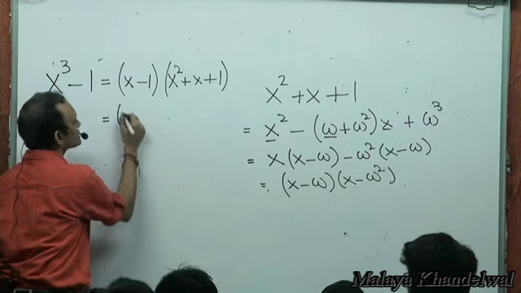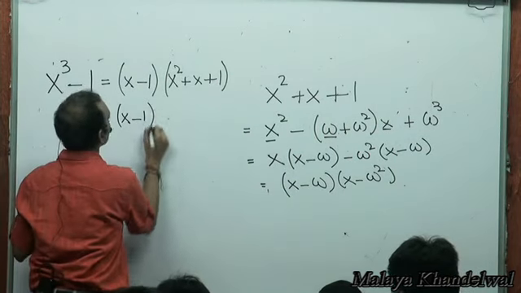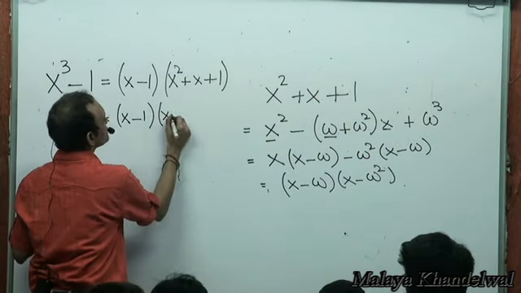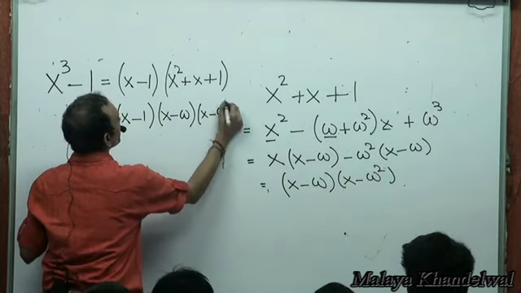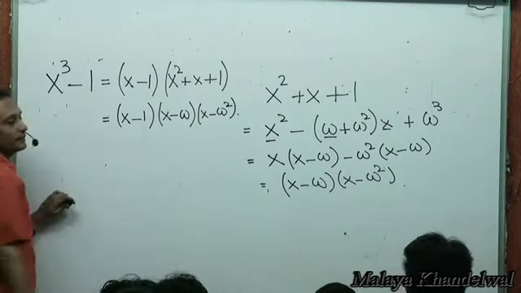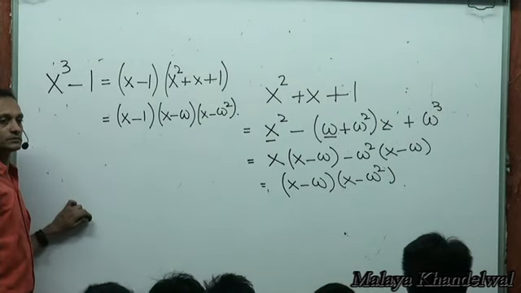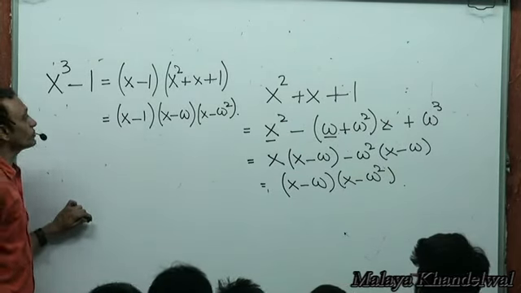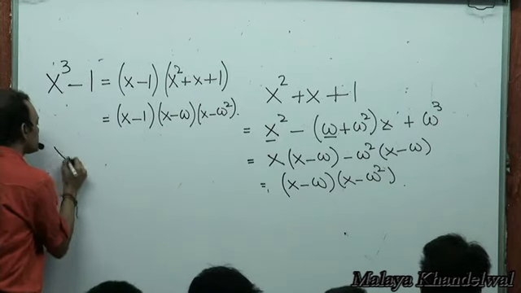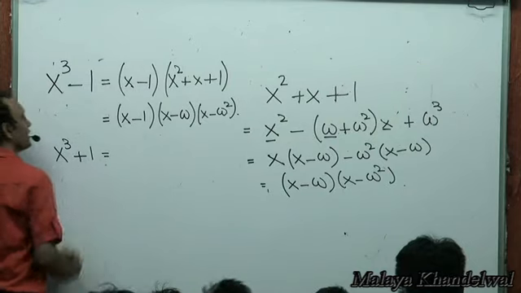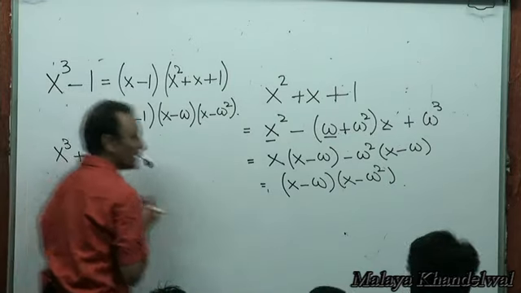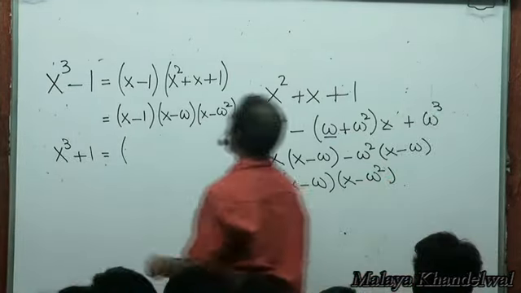Which is like x minus 1 into x minus omega into x minus omega squared. Yes. Right? Similarly, x cubed plus 1 could have been written as, okay, come to the general form.